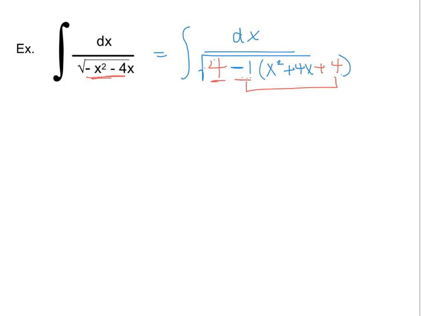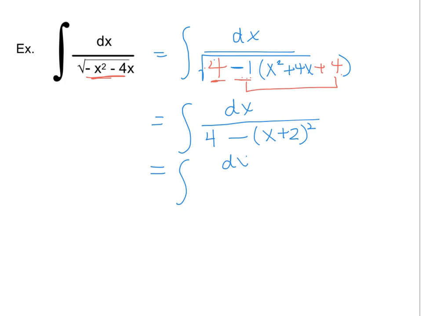So I'm going to rewrite it again, still the integral. And I have 4 minus, and then I'm going to factor this. It'll be something squared, x plus 2. Okay, so if I rewrote this again, I would have dx over 2 squared minus x plus 2 squared.